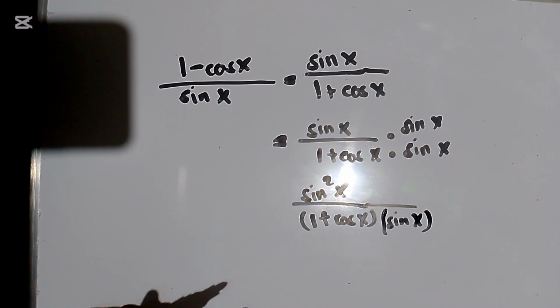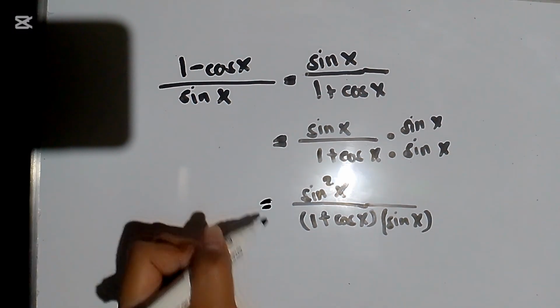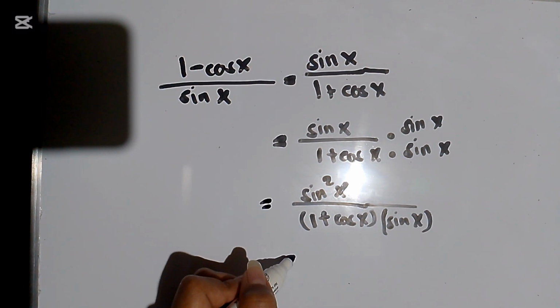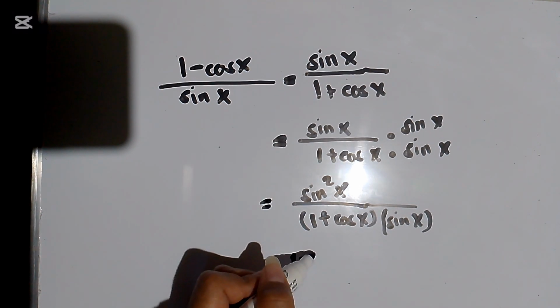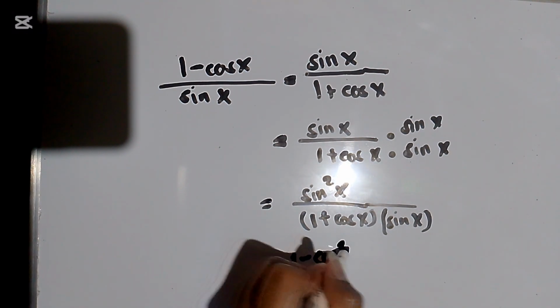Now let's apply the Pythagorean identity, which is sin squared x equals 1 minus cos squared x. So the numerator is going to be 1 minus cos squared x.